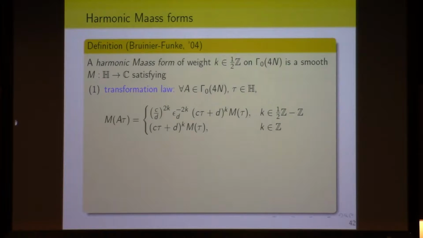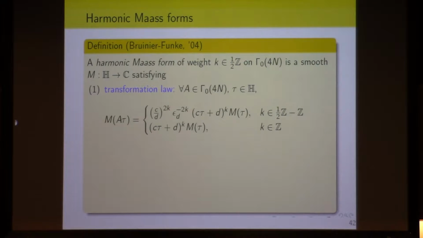One, they need to satisfy some appropriate transformation law on this particular subgroup of SL2(Z). And what you see here in brackets, the function transforms in a simple way if we have an integer weight, and then it transforms in a slightly more complicated way if we have a true half integer weight.